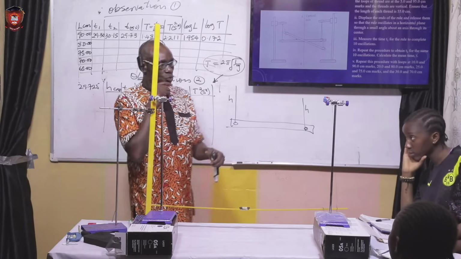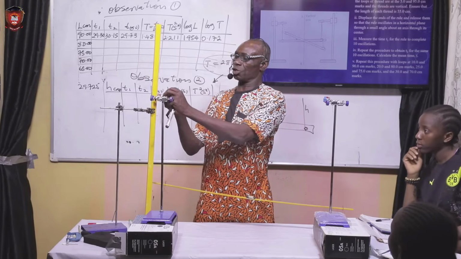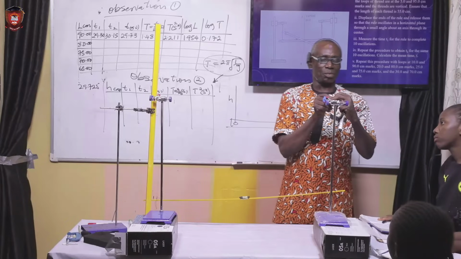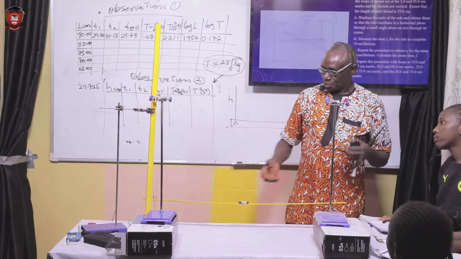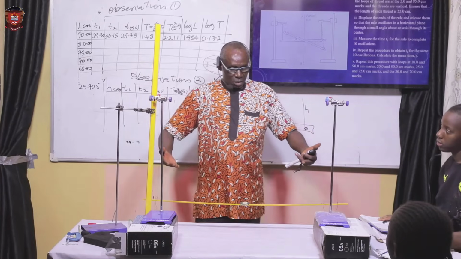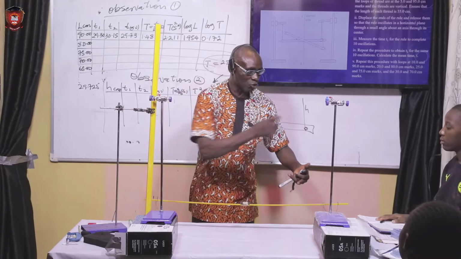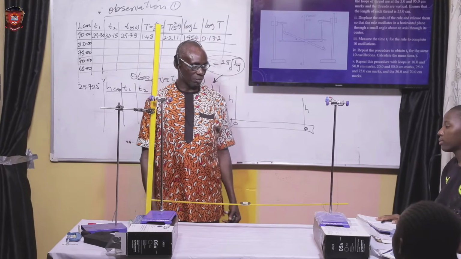So if they say 50, I'll simply roll this up, so that any length mentioned, I'll roll it, and as I roll, I check the height.